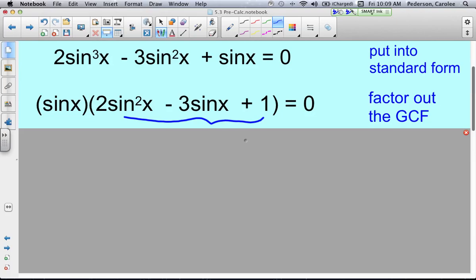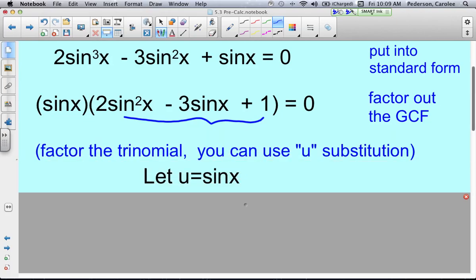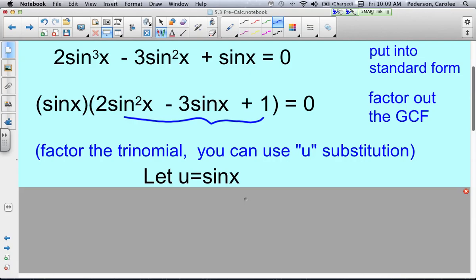You're just trying to figure out what are the 2 multipliers of the front term and the last term that will combine to give you this middle term of negative 3 sine of x. So I'm just going to show it with u substitution. It's like dropping out these sine of x's, so it's a little easier to see the factoring.